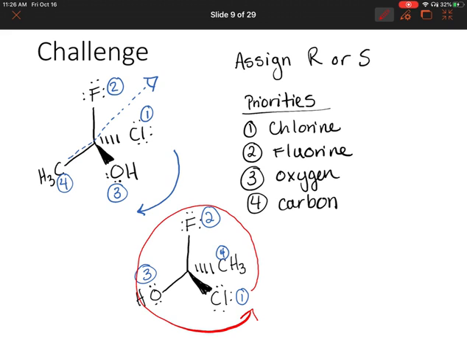So we're going in a counterclockwise direction. So would that be R or S? S. Remember, S stands for sinister, which is associated with left.